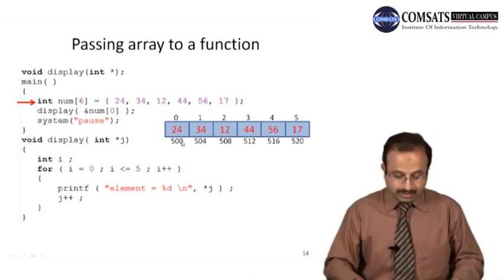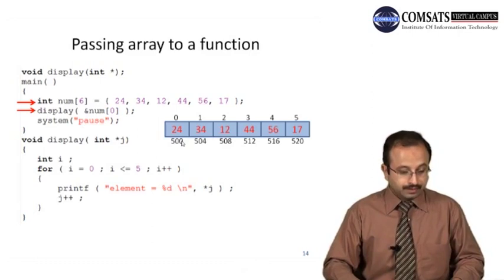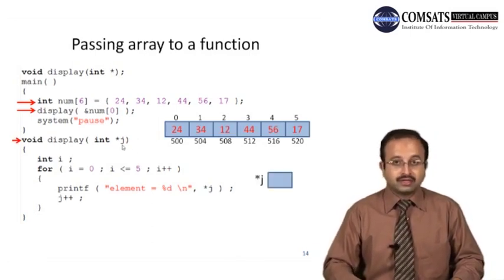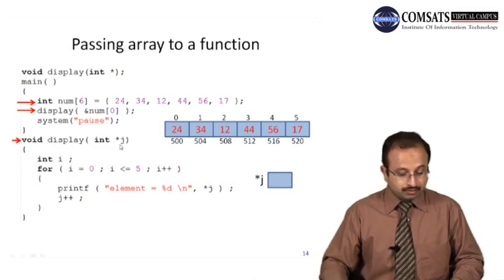Okay. The next statement is the function call. When this function is called, this statement will be executed and memory will be allocated for this pointer j. Pointer j के लिए memory allocate हो जाएगी, and then which value will be passed to this function?